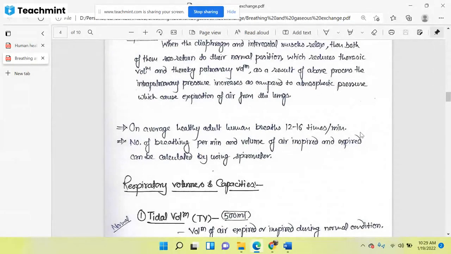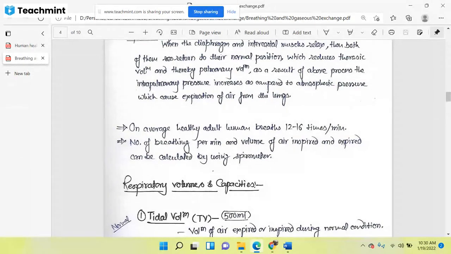Now, the number of breaths per minute and the volume of air inspired and expired can be calculated using a spirometer. So an instrument is there using which we can count the rate of inspiration and expiration.